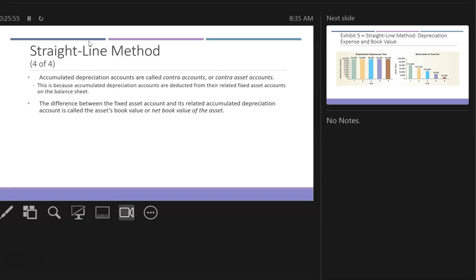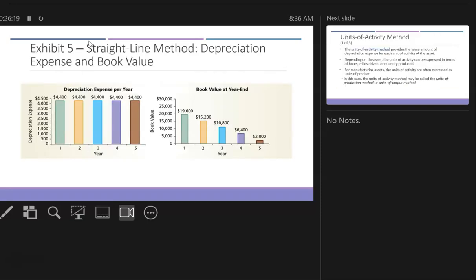Accumulated depreciation accounts are contra accounts. This is since accumulated depreciation accounts get deducted from their related fixed asset account on the balance sheet. Okay, that's our book value of the asset, or we could call it the net book value.